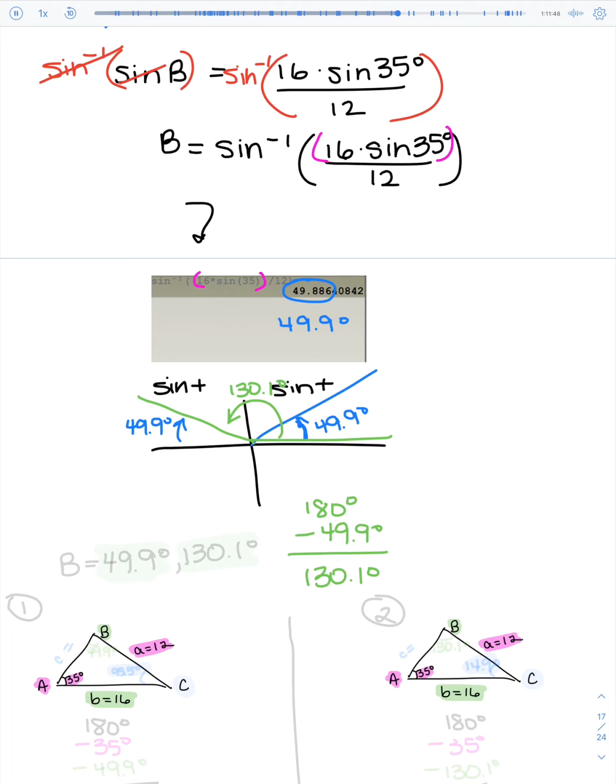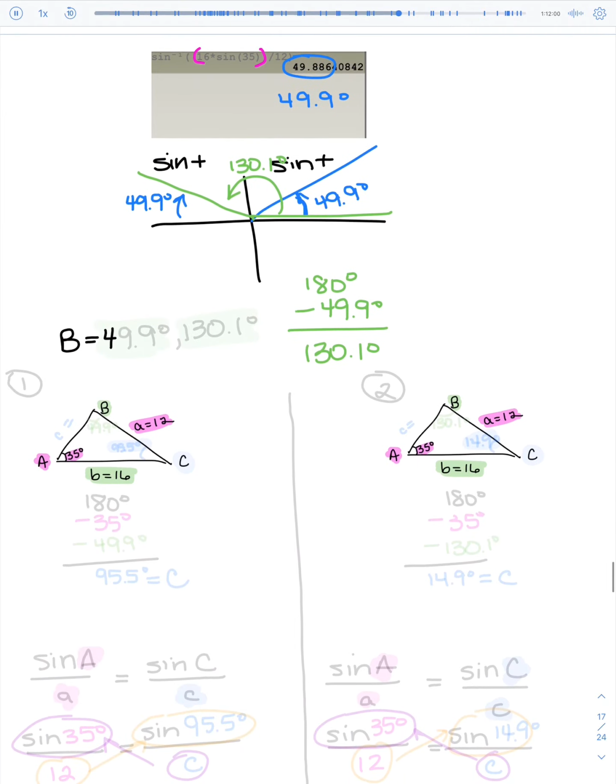So the problem here is we now have two angles, which means we need to see if either one or both of them work, because we might have more than one triangle possible. So let's see what happens. So for angle B, what we've gotten are two possibilities. We got 49.9 degrees and 130.1 degrees. So let's fill these both in, just two separate triangles, and see what happens.